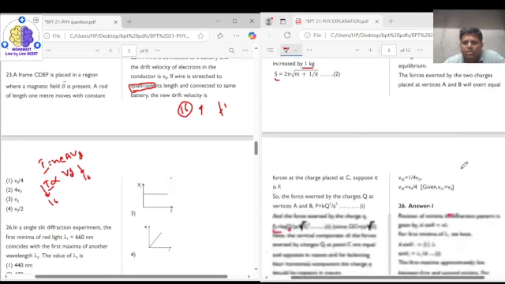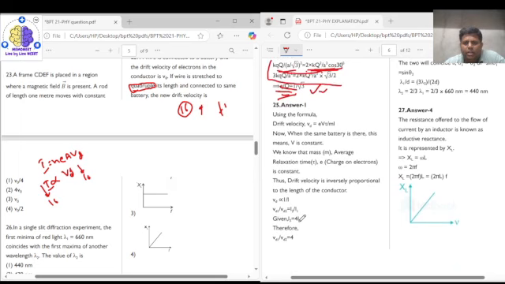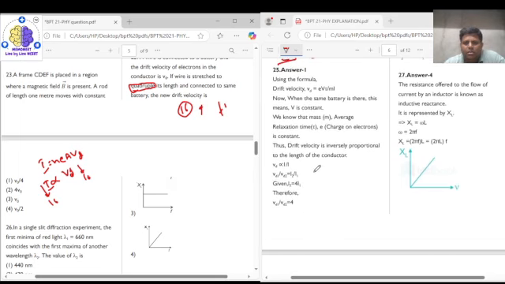So let's see, wait a minute, question number 25. See, okay, we are using the formula drift velocity Vd is equal to eVτ upon m into l.